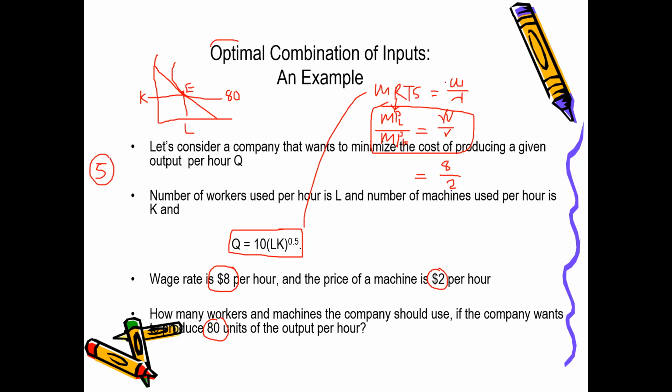What we have to do, from this equation for MRTS, you can differentiate to find MPL and MPK, with W and R given. With that, try to find how many units of labor and capital are allocated at the optimal point.